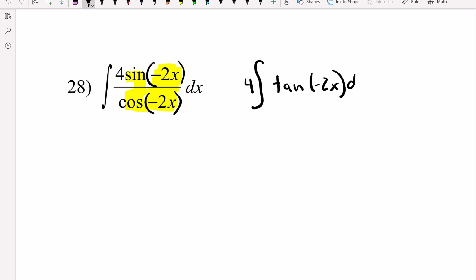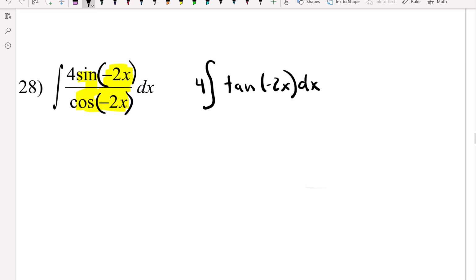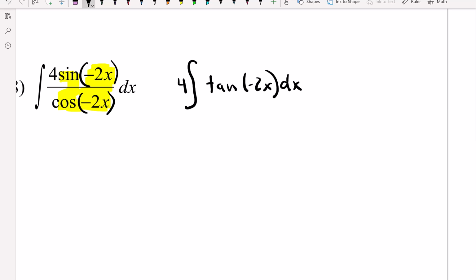theta dx. Okay, so this is tricky because tangent theta is not the derivative of any function, so we're going to have to think a little bit more deeply. So this time the theta is going to be the u, the du will just be negative 2 dx.